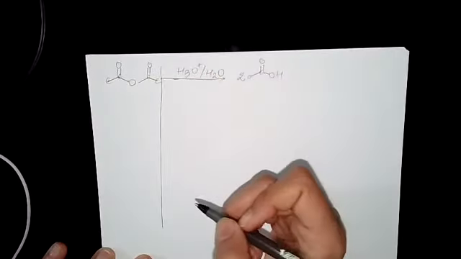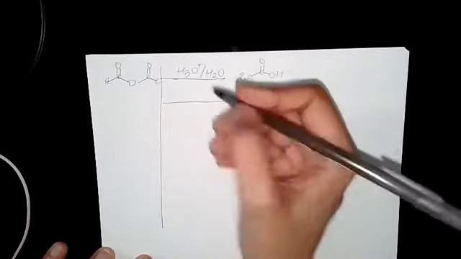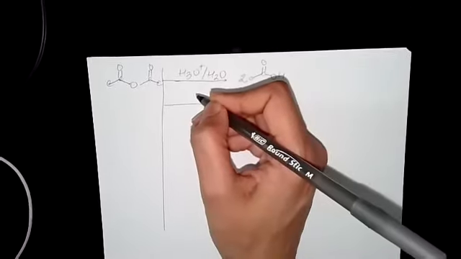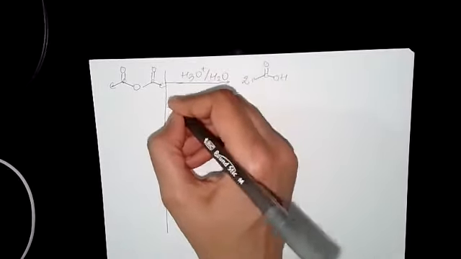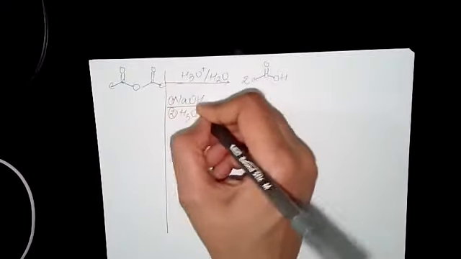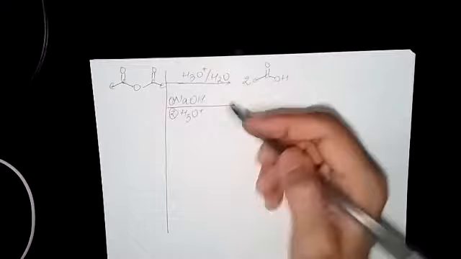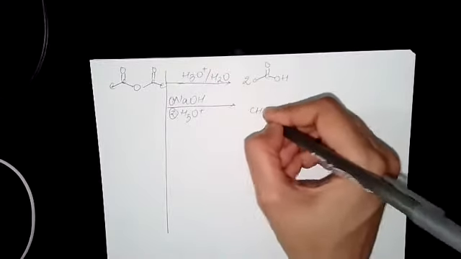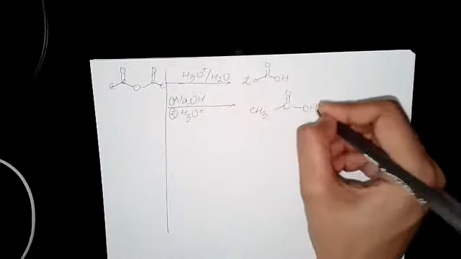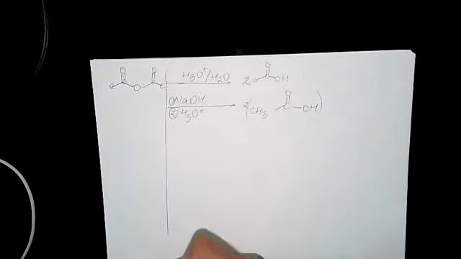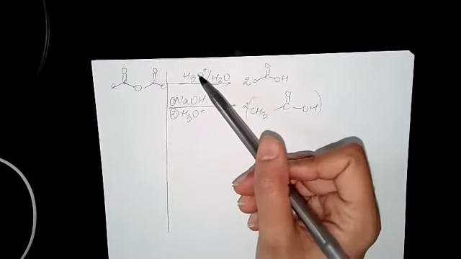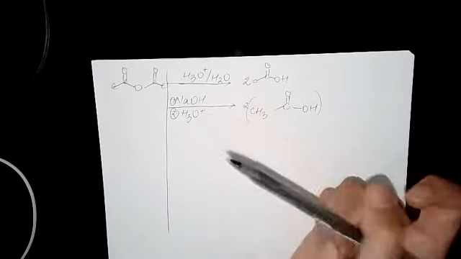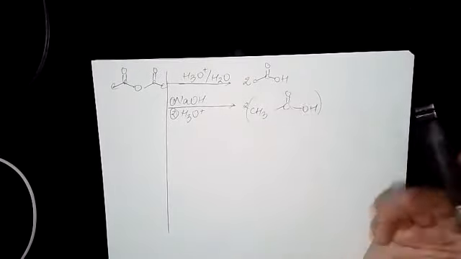So there is 1 carbon here, 1 carbon here. Similarly, if I use my base, sodium hydroxide, followed by acid, I will still hydrolyze it into the 2 molecules of acetic acid. So hydrolysis, either under acidic conditions or using basic conditions, will give you your starting carboxylic acid.